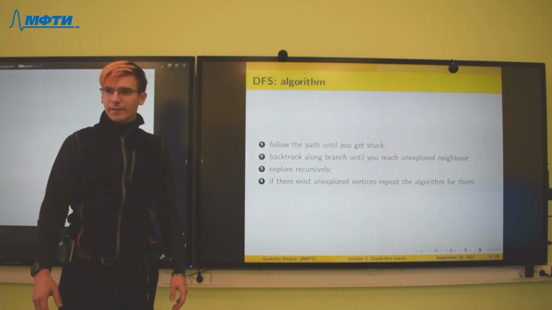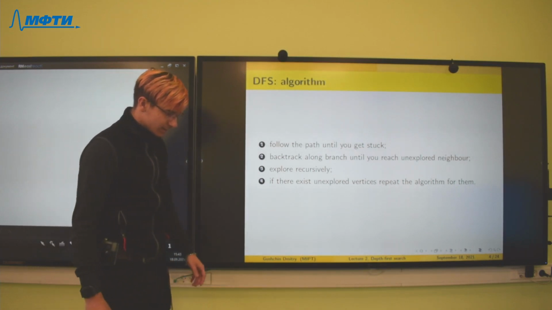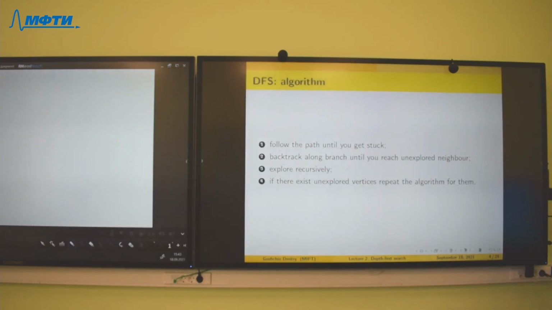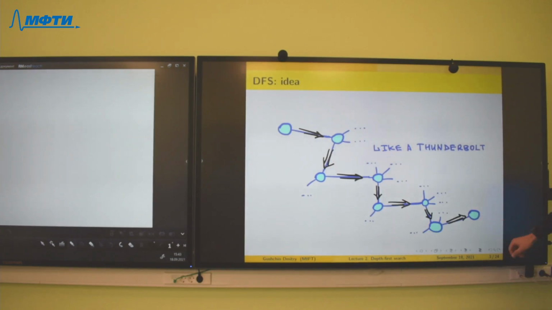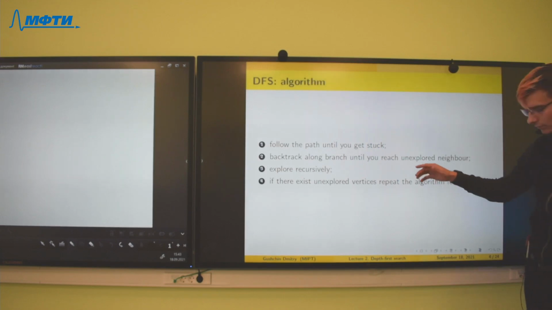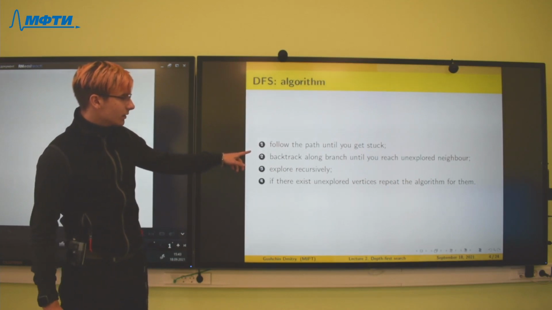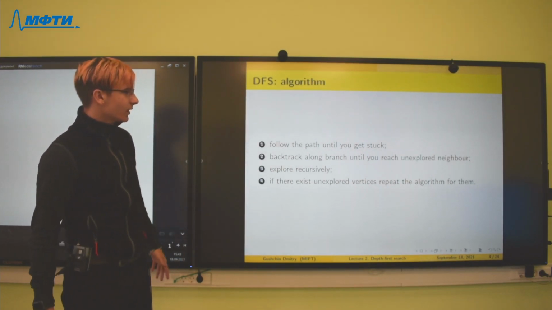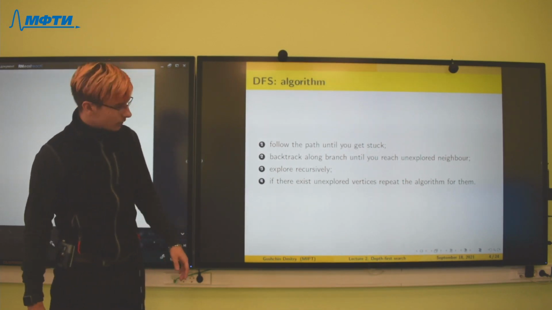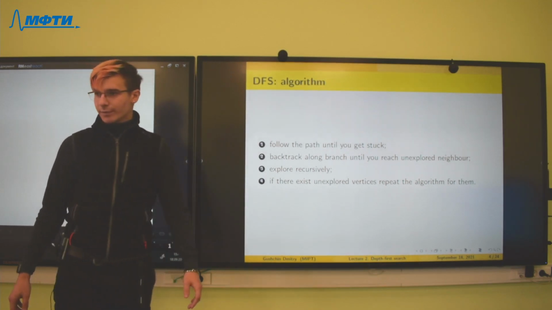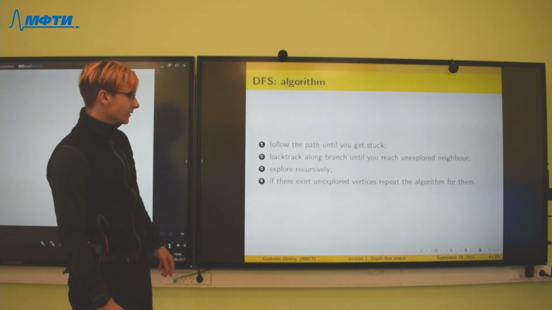When we end the first step, for example in this vertex, we can say that there are no adjacent unexplored vertices. So we go to the second step: go back to the last point that has any adjacent unexplored vertices and recursively explore them.